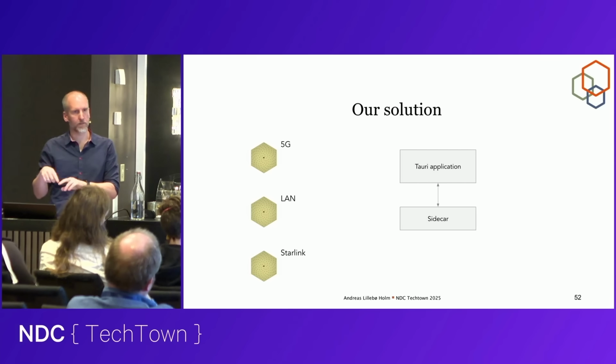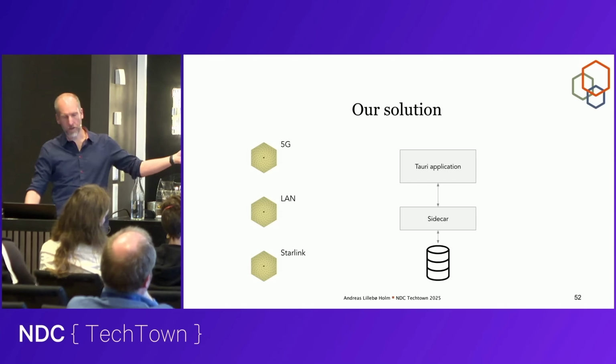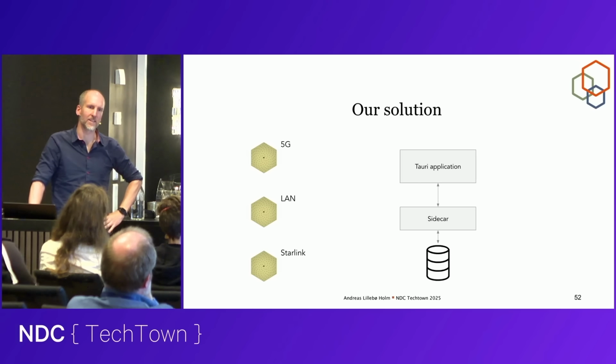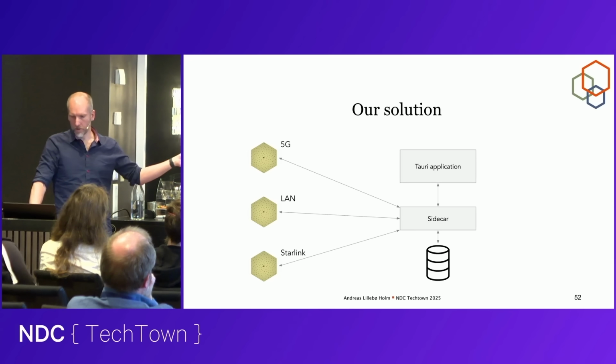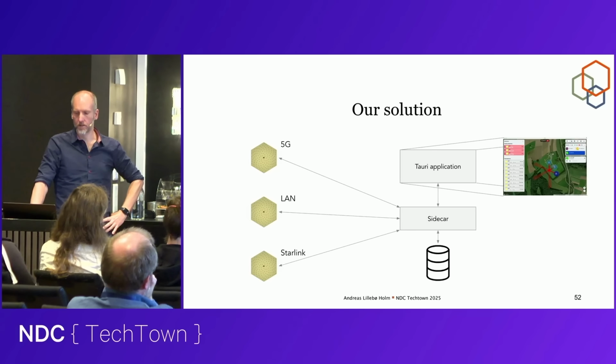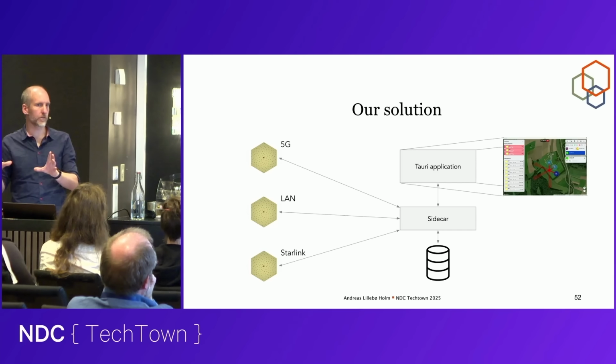It can only access the Sidecar and get all the information unified from that part. So the Sidecar basically has a database of everything needed to create our user experience. The Sidecar communicates with all the different units that we have, and the Tauri application can focus on making a great user experience for the user.